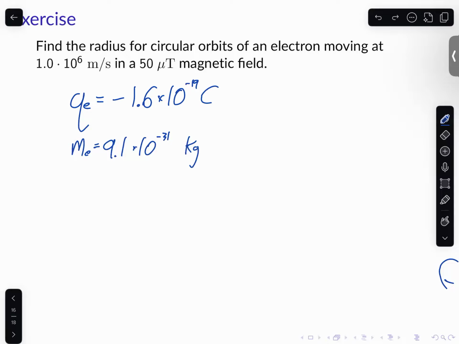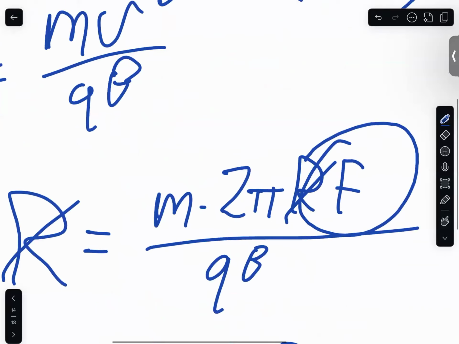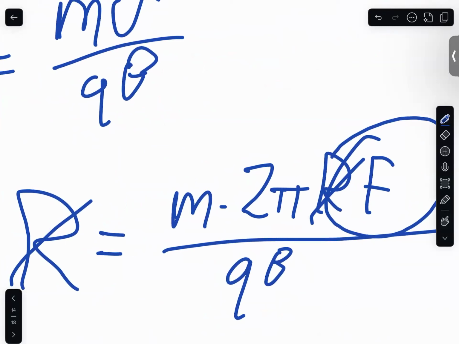Do this in Google. Let's see where you're at. Sarah just asked, is it an L? Can I go back to where I canceled the r? If I just shove in 2 pi r f, there's an r on either side, it dies.